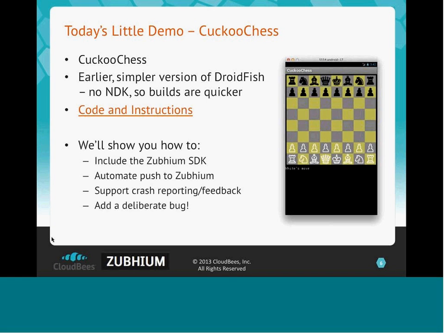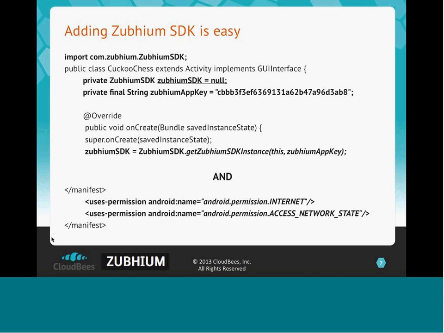And just before we started, I put a bug in deliberately, and we'll see how that works. If you have an Android phone, you can set things up so that you can actually try this out yourself. So this is what I had to do in code just to add support for the SDK.